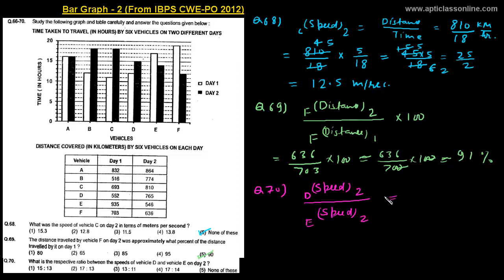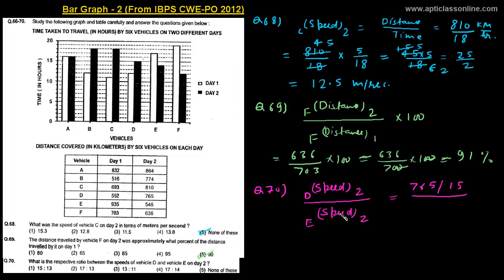That's very easy. To get the speed of vehicle D on day 2, we have to use both these graphs, the table and the graph as well. So what is the distance traveled by D on day 2? That is 765. 765 is the distance, and the time of D on day 2 is 15. That is the speed.